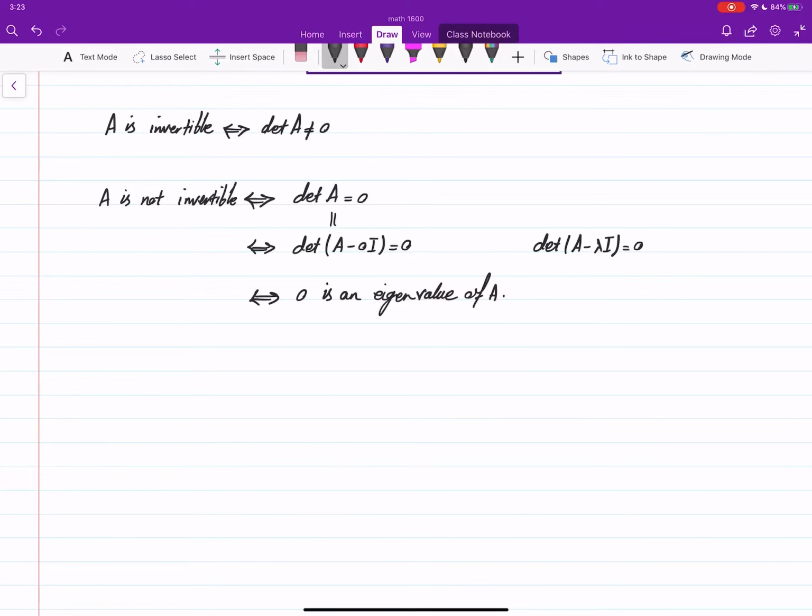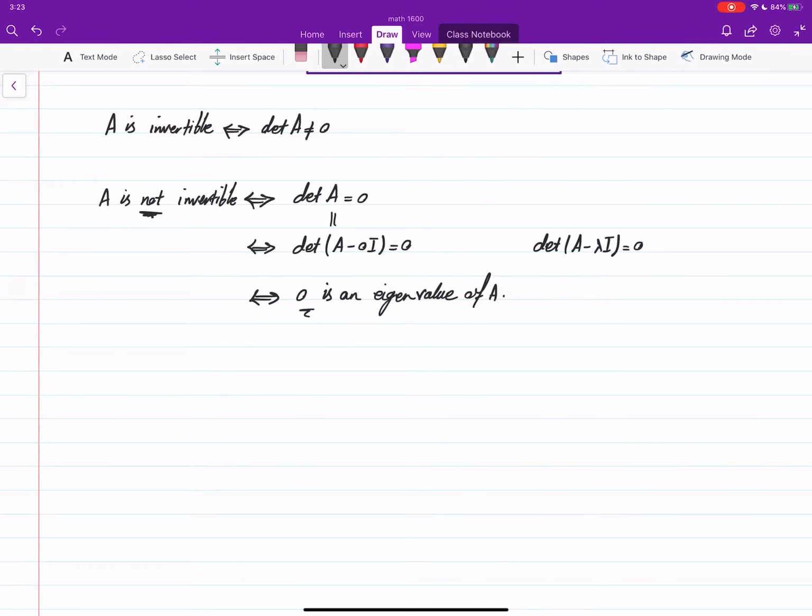A matrix is invertible if and only if 0 is not an eigenvalue of A. Here, the matrix is not invertible if and only if 0 is an eigenvalue of that matrix.